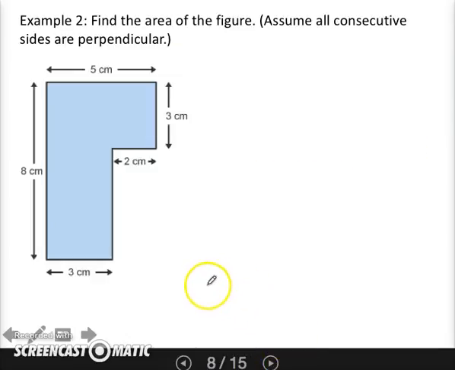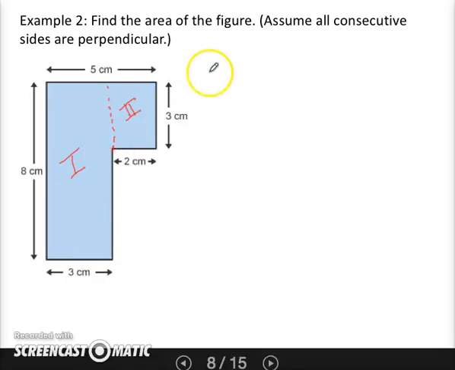Okay, let's do an example using this postulate. We're asked to find the area of this figure, assuming all consecutive sides are perpendicular. So let's divide this up into two regions like we did just a moment ago. We have this bigger rectangle and this smaller rectangle, and we're given dimensions of both of those.